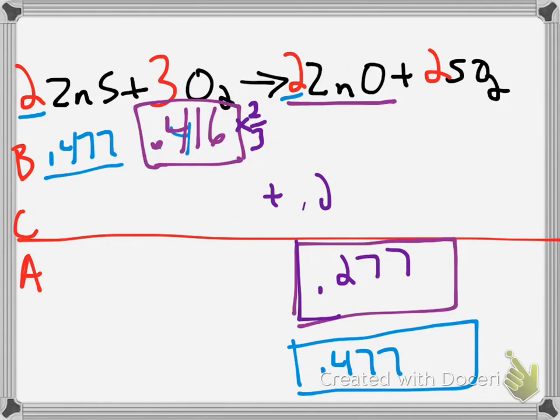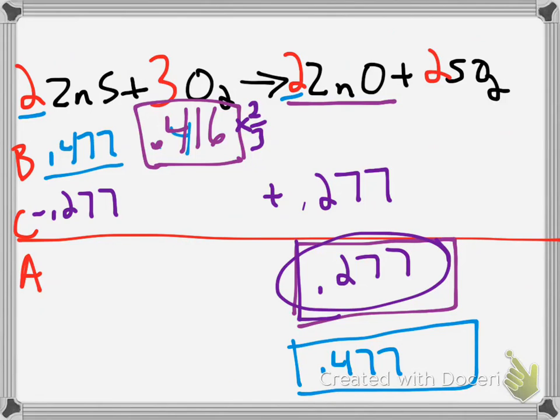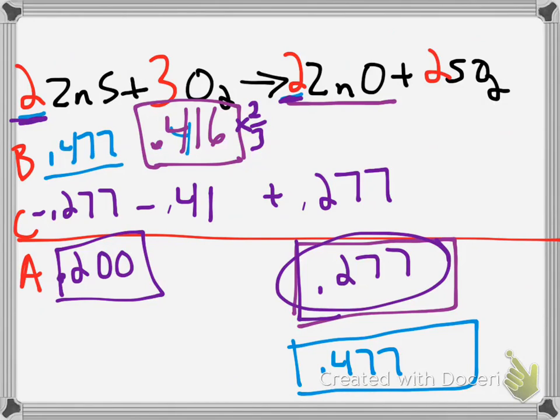I'm going to be adding 0.277 here because this is the one that we're using, which also means I'm going to be subtracting 0.277 of here because the mole ratios are the same. So this value ends up being 0.200, and this is going to be my excess part, how much is left over. Okay, this is going to go to 0. That's going to be all used up. And this one we don't really care about for this question anyway.